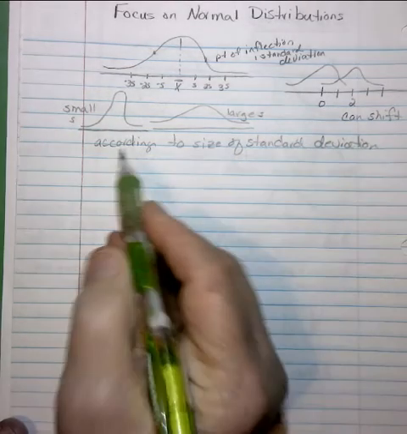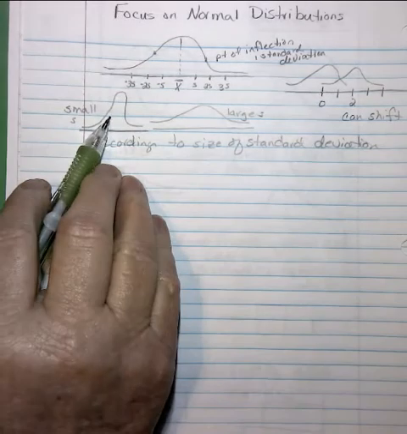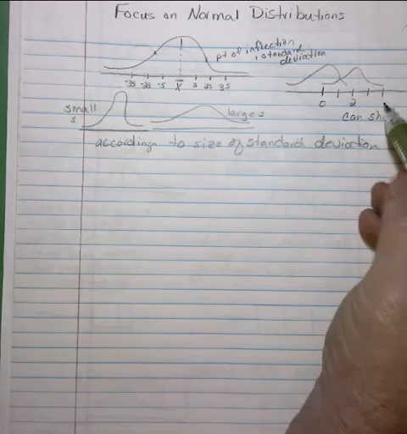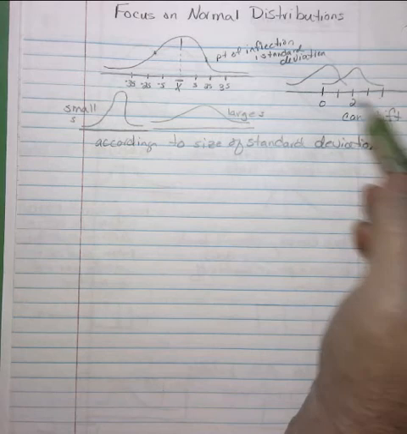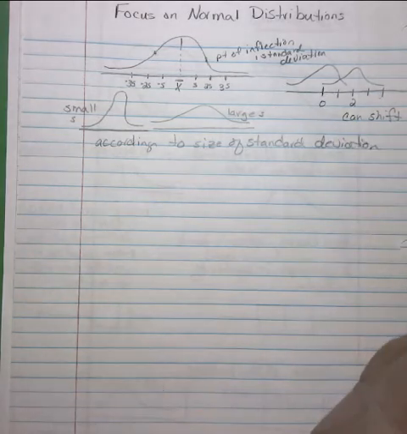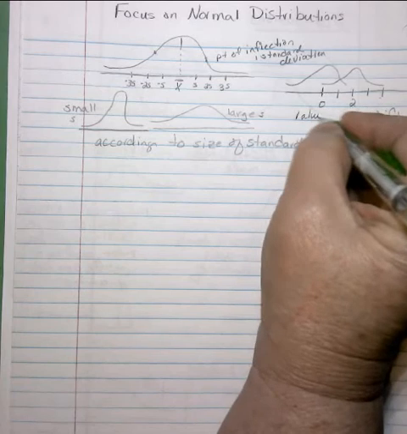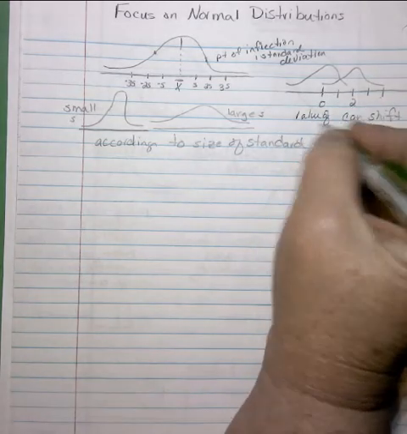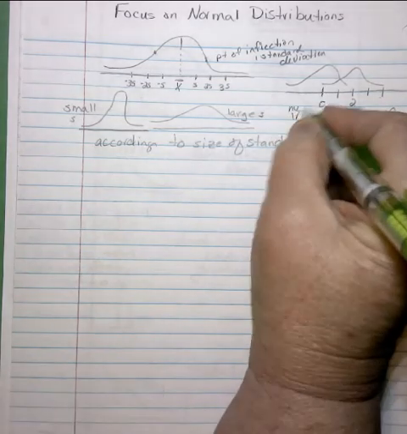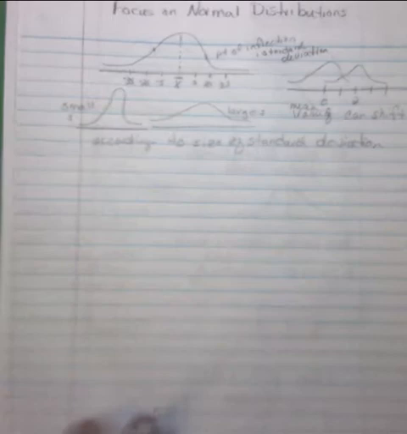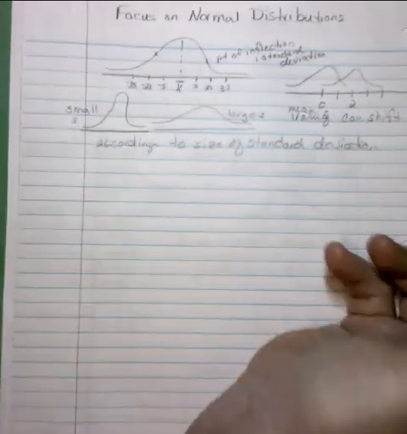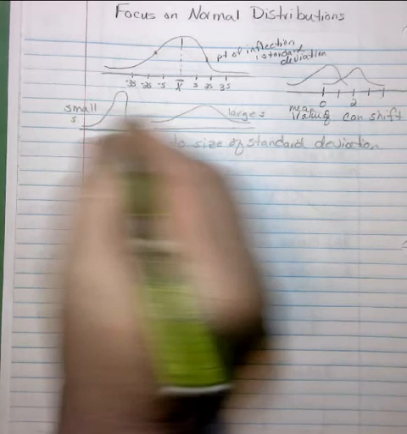According to the size of the deviation, it changes the size. According to the value of the mean, it shifts along the horizontal axis. So the mean value can shift it, and the standard deviation value changes the size.